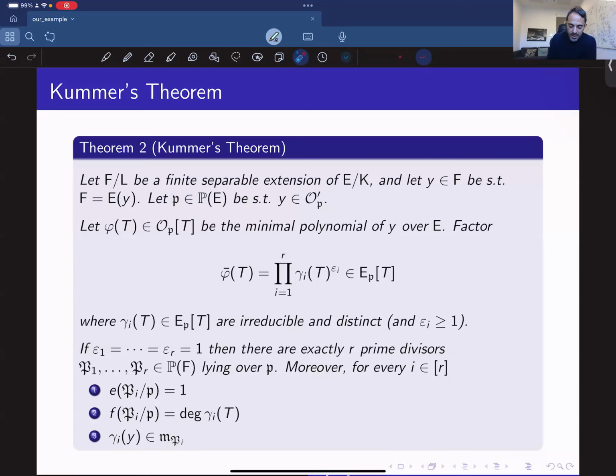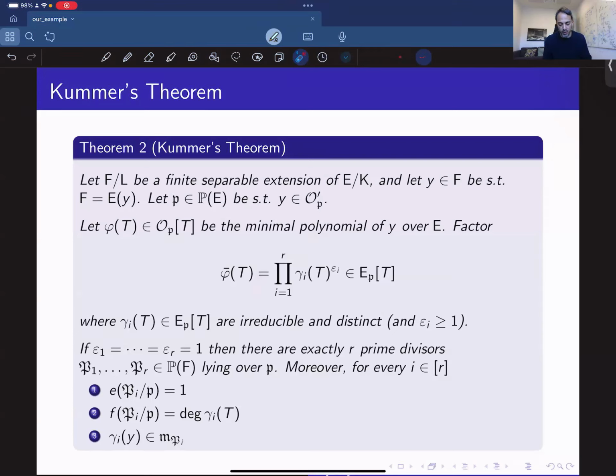And now let's denote by phi of t the minimal polynomial of Y over E. As we said, the coefficients are in OP, and project it down to EP. So let's consider phi bar of t as a polynomial over EP. Now, phi itself is, of course, irreducible because it's the minimal polynomial of Y over E. But phi bar may not be irreducible.